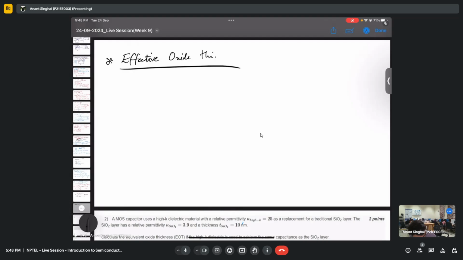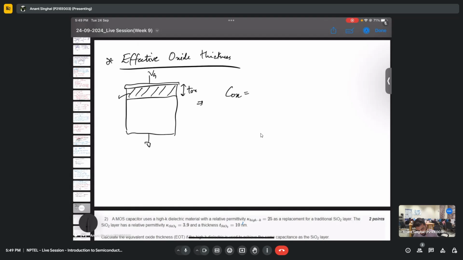Let's say we have a MOS cap in which we have this oxide layer with thickness TOX. Then we have this gate. Do you remember how we can calculate the oxide capacitance for this? Let's say epsilon ox is the permittivity.